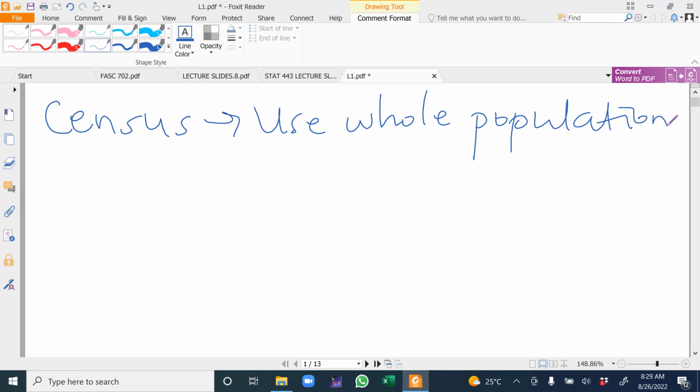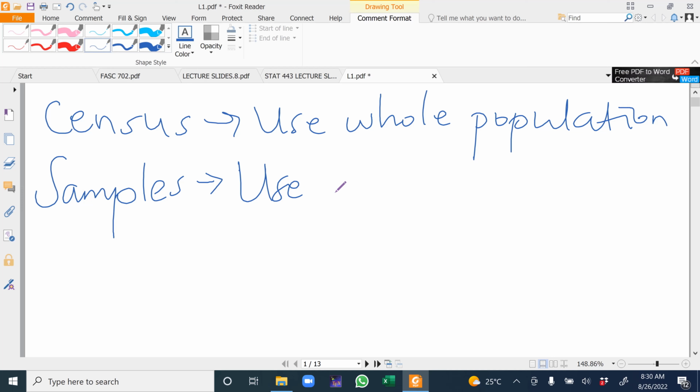So if you are limited in terms of resources and other ideals, then you are allowed to use samples to conduct your research. So if you use samples to conduct your research, then you are conducting a sample survey.